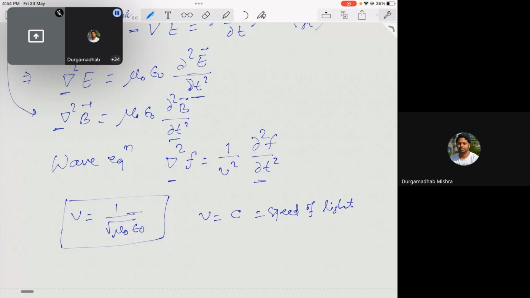So you don't need that, but the electric field and magnetic field can exist. They can move like a wave, and they move at a speed equal to the speed of light. And that immediately indicated that light that we talk about is nothing but an electromagnetic wave.